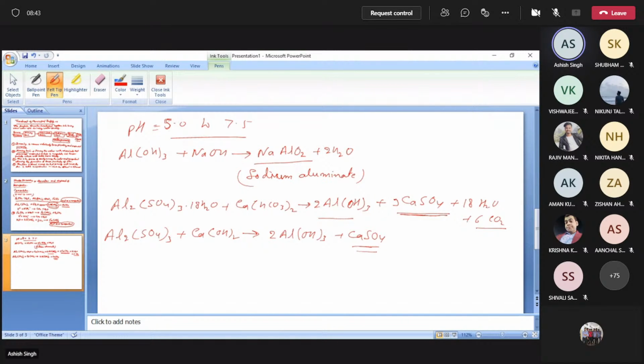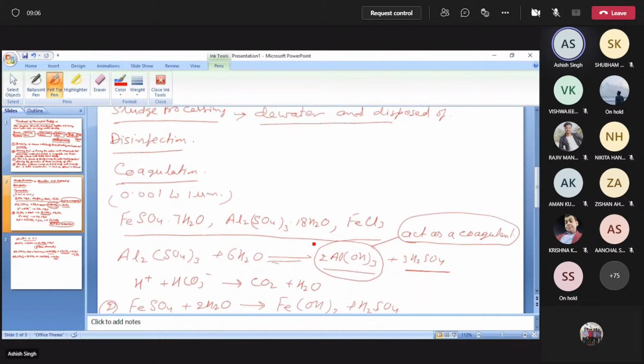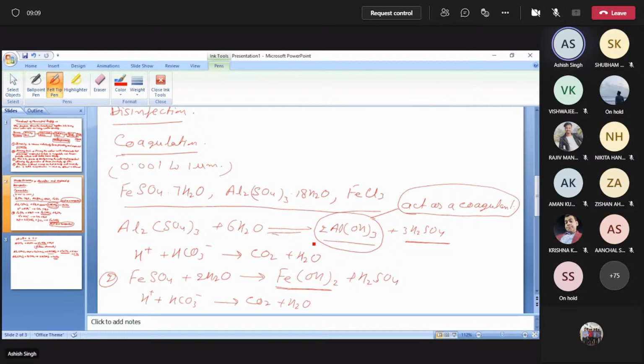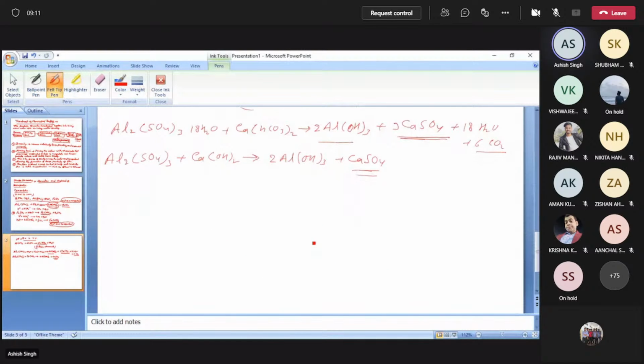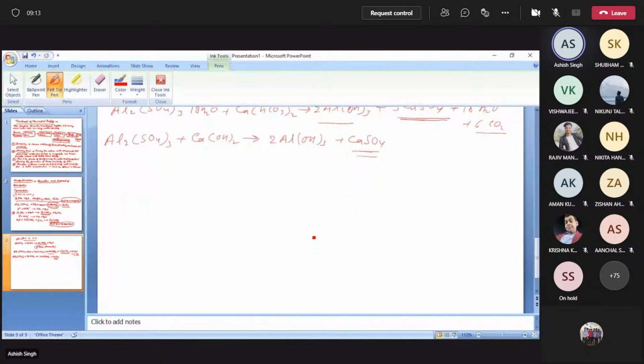Another step is the flocculator. So what is the flocculator? This is the mixing of the coagulants and water.